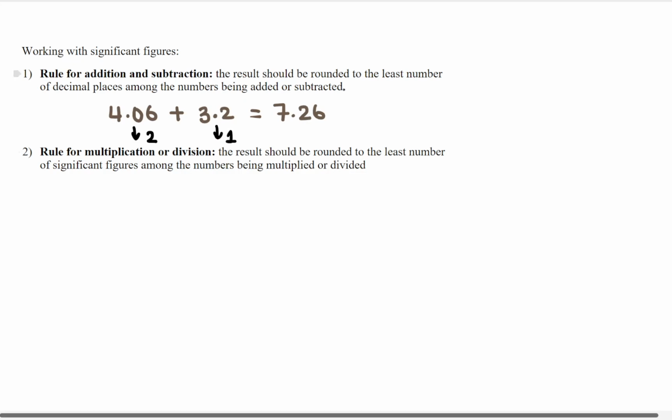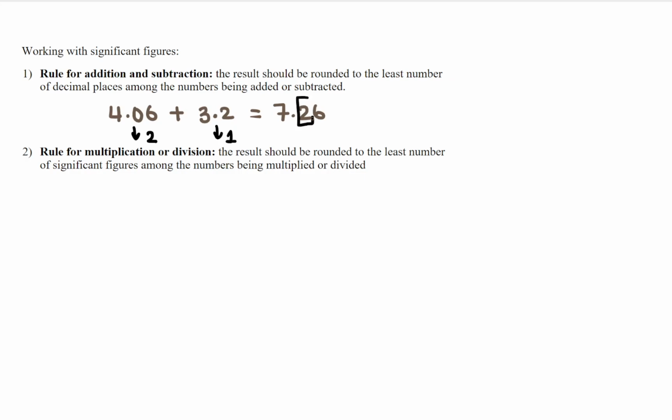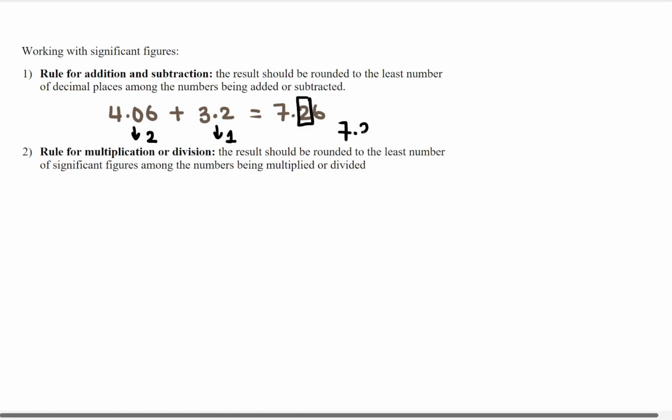So according to this rule, we round the result to the least number of decimal places, which is 1 in this case. So we round it here, and hence we'll get the answer as 7.3. Remember, we do the calculation first and then round it to the correct significant figures.